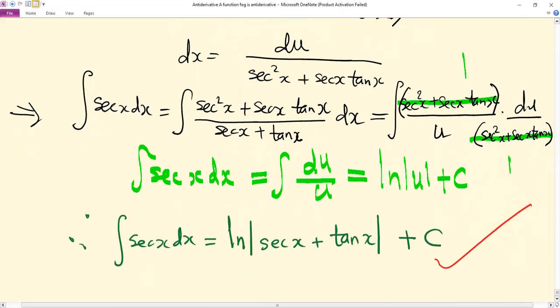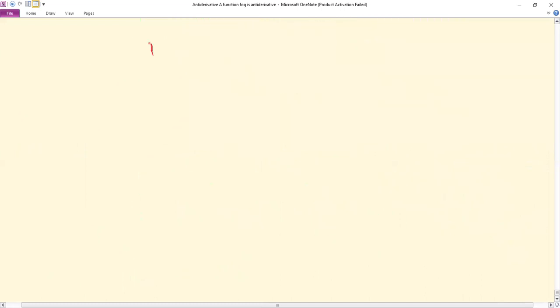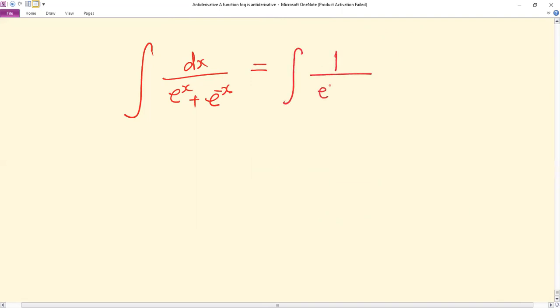And the second problem, we have integral of dx over e raised power x plus e raised power minus x. We do the same game. We write this as integral 1 over e raised power x plus e raised power minus x, and then we multiply by 1 and then dx.